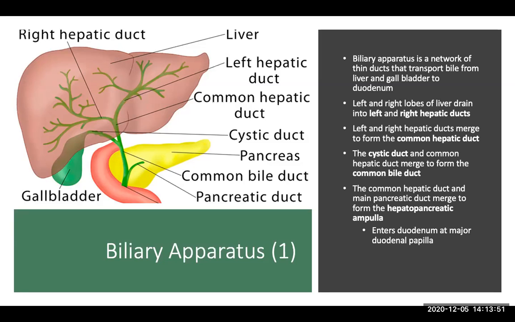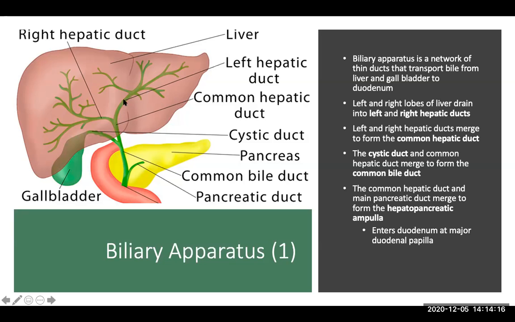The biliary apparatus is the network of thin ducts that transport the bile from the liver and the gallbladder to the duodenum. The left and right lobes of the liver drain into the left and right hepatic ducts, and the left and right hepatic ducts merge to form the common hepatic duct. This system of ducts is important. You'll probably learn this in the lab portion too.